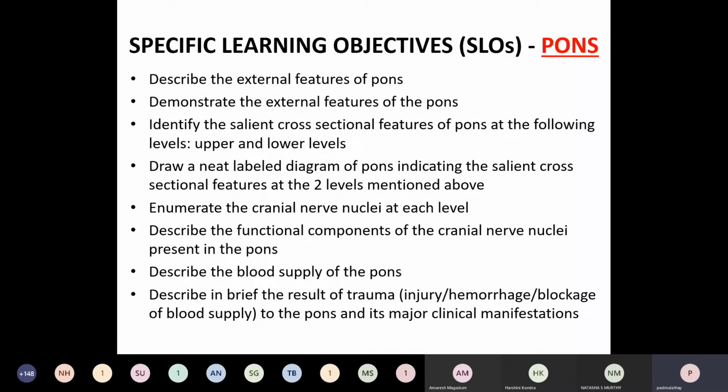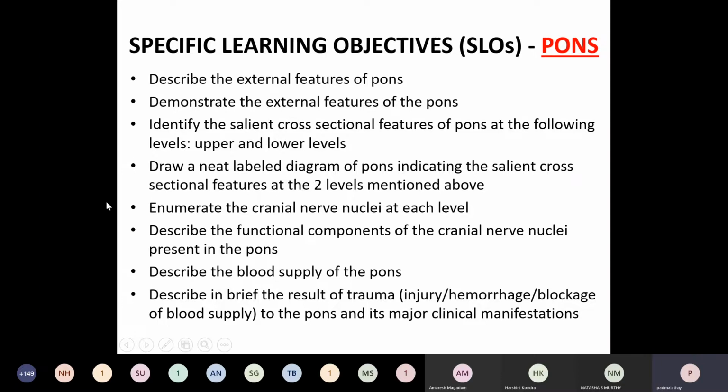There are two sections of the pons: one at the upper level of the pons and one at the lower level. Along with the salient features, you should also be able to practice the diagram of the pons at these two levels. Practicing the diagram of the two cross sections is very important.